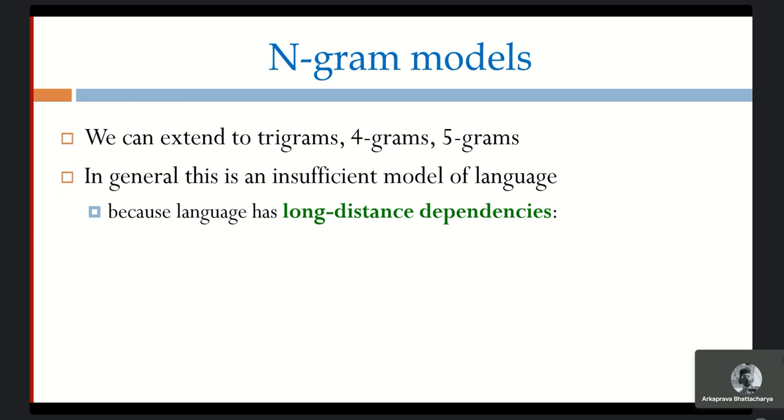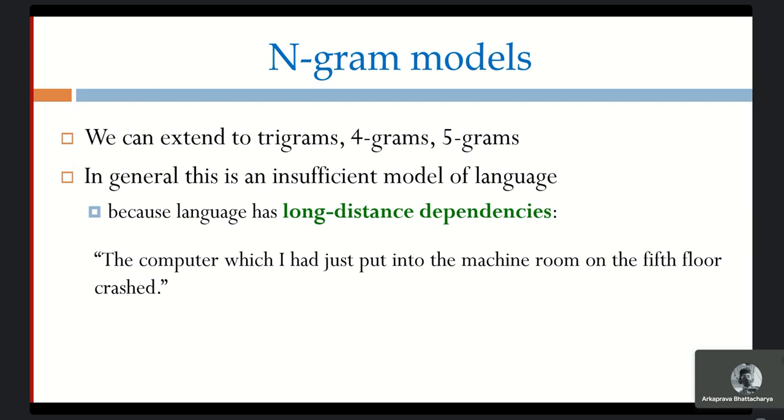But as I said, they fall short when it comes to long distance dependencies. See this example: the computer which I had just put into the machine room on the fifth floor crashed. If I want to predict the word crashed, will I be able to?